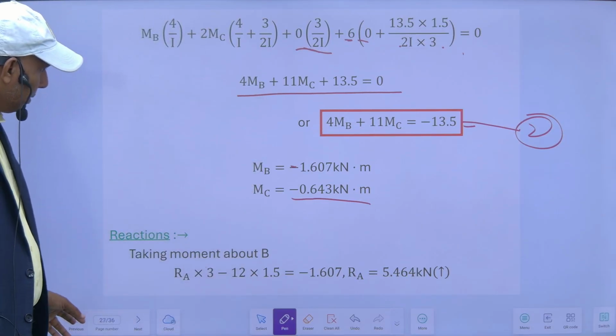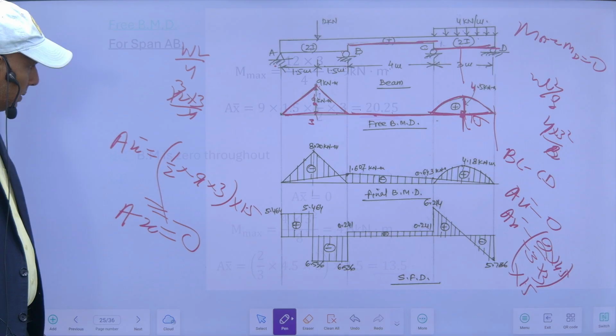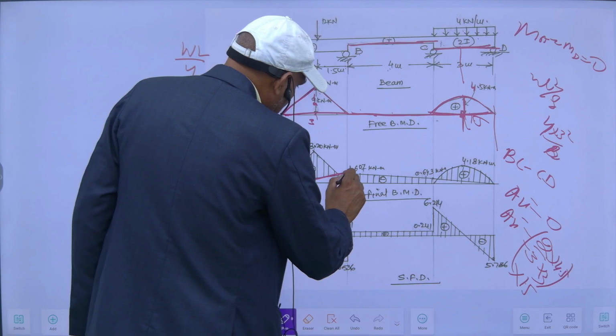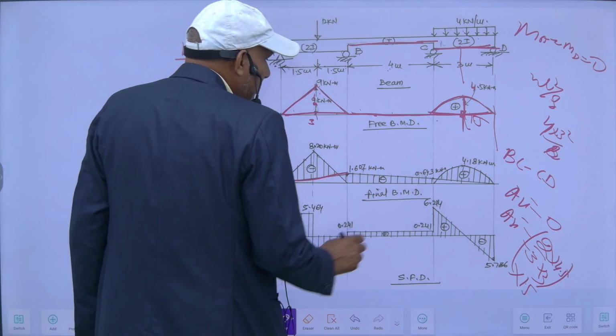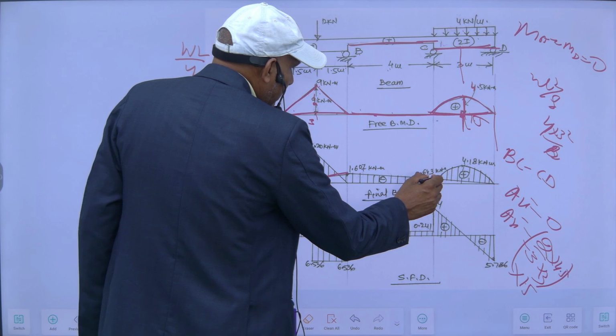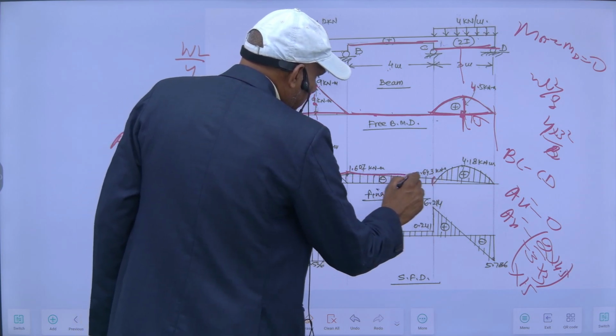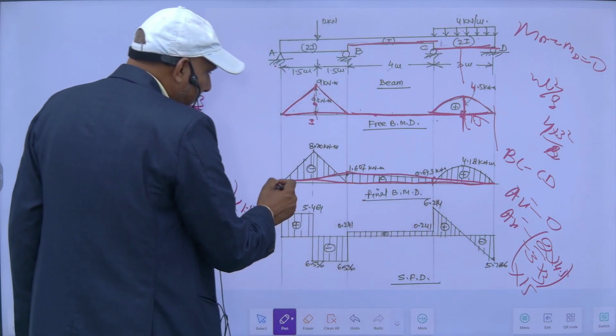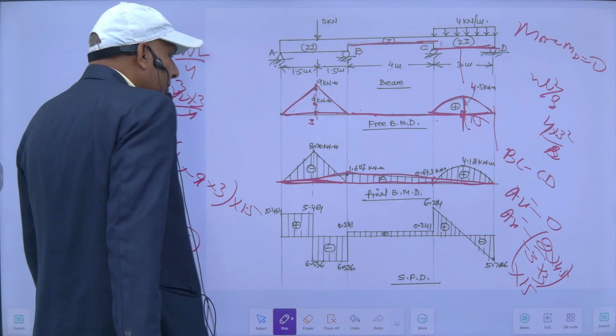So this is my fixed BMD, with 1.607 hogging and 0.643 hogging.